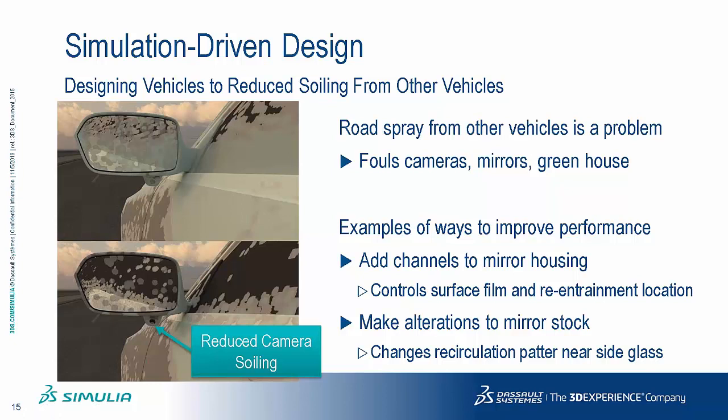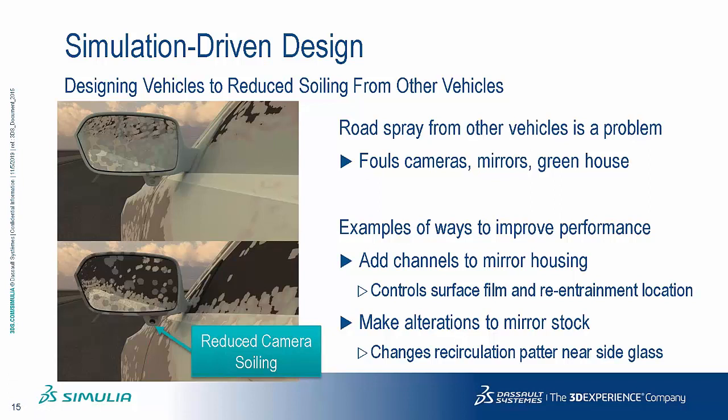With simulation, we can also look at different design changes and how that's going to impact the soiling. For example, here we have a camera on the bottom of the mirror. This would be looking for a blind spot. What happens with the original design is there was a lot of water and dirt getting onto that.